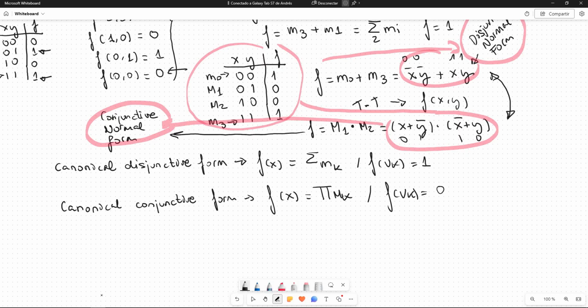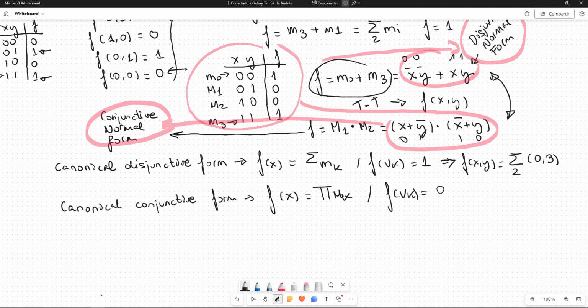And we can express in a compact way this canonical form in the following way. In this case, f of x and y is the sum of a two-variable function of the minterm 0 and 3. Okay?